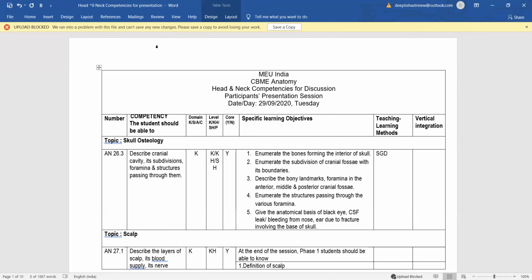Ma'am, can I say something here? Yes, ma'am, sure. Dr. Swati here, ma'am. Like in the previous discussions, when skills came up, we divided them into cognitive skills and procedural skills, ma'am. Procedural skills are where there is manual dexterity.